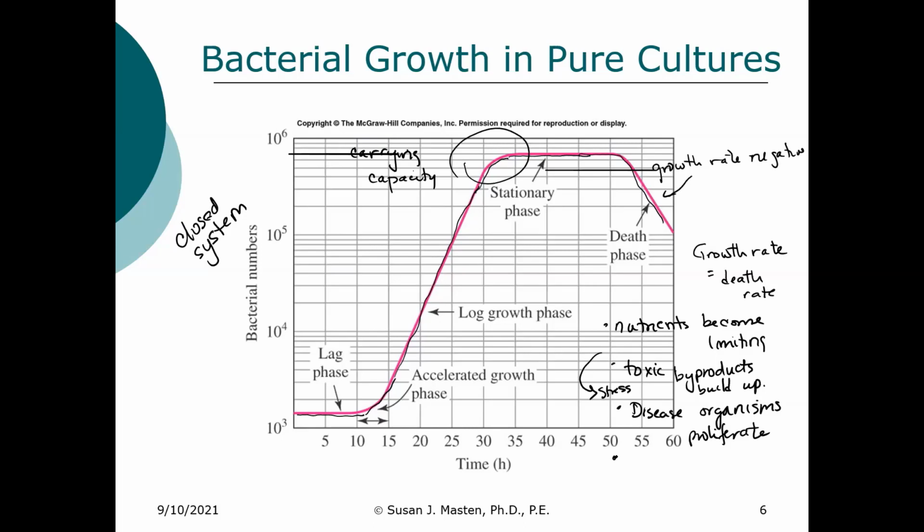Exactly. Limited space, congestion, space limitations. Population, we can go out for food. So it's not like nutrients necessarily become limiting, but space becomes limiting.